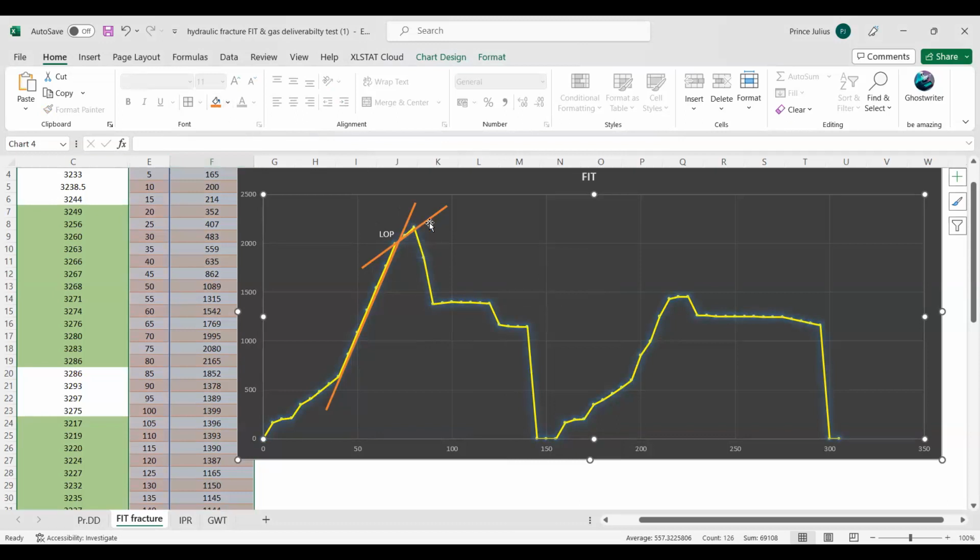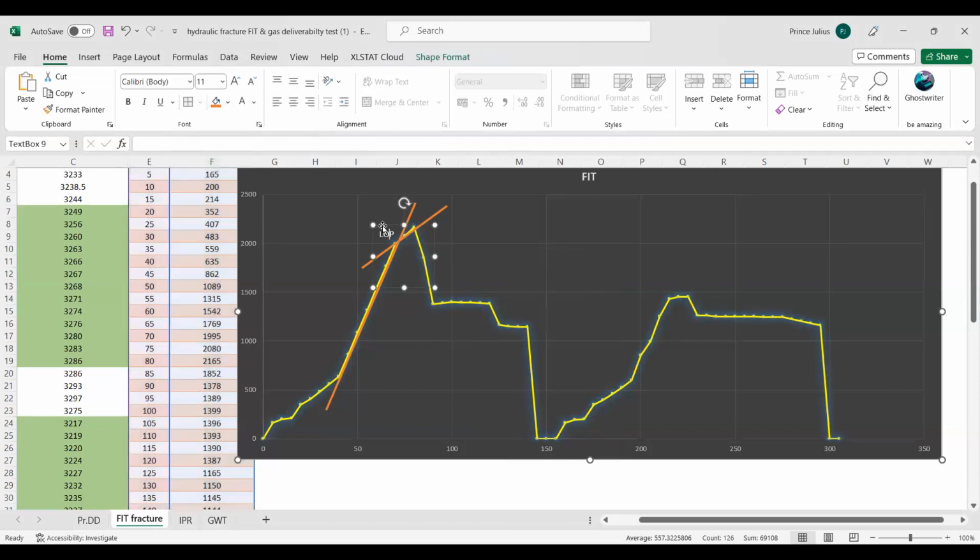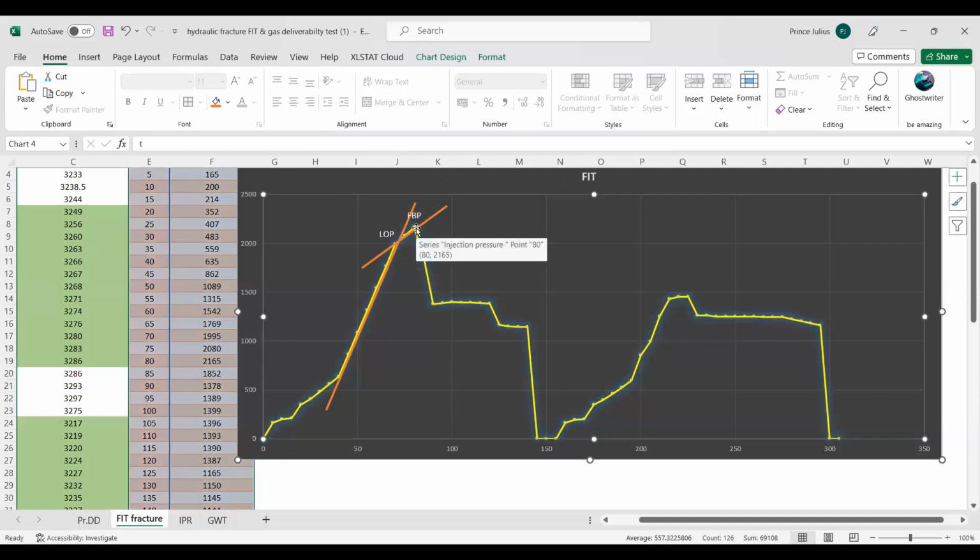The point where the fracture is generated, we name it FBP, fracture breakdown pressure. This is the maximum pressure it has reached, so that the channel broke down into a fracture.